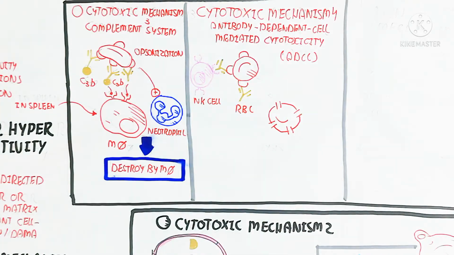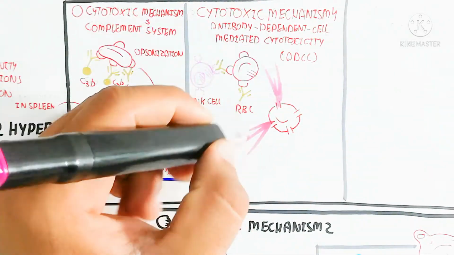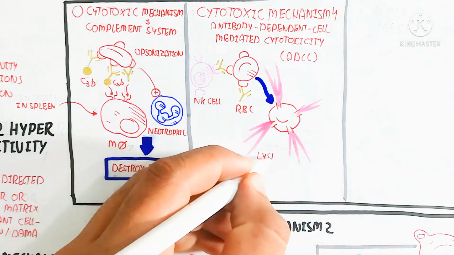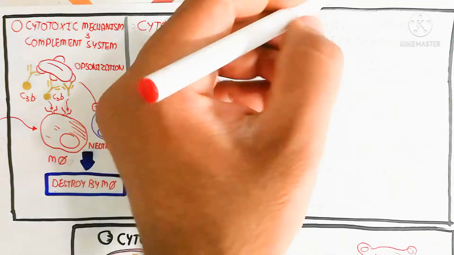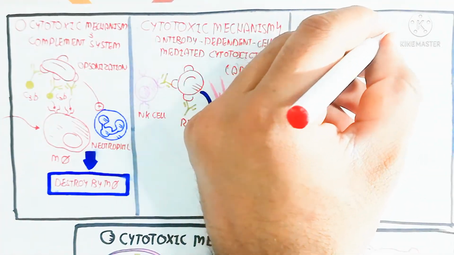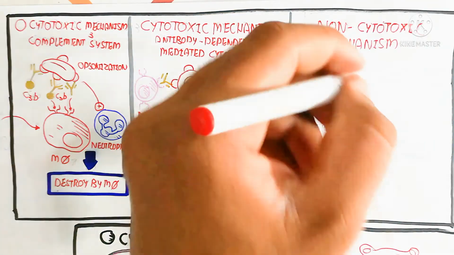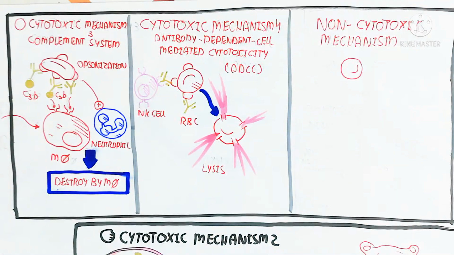Because of the complex formation, the natural killer cell will kill the plasma membrane. So the plasma membrane of the RBC will be damaged, leading to exocytosis or efflux of nutrients and proteins, which leads to cell lysis. This is known as the bursting of the cell.